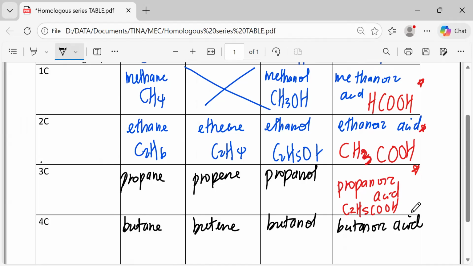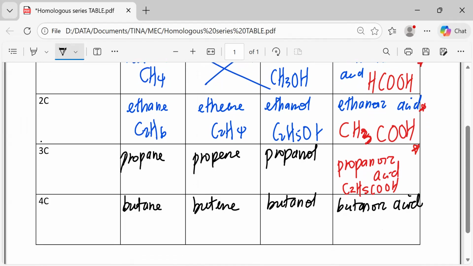You take some time to absorb the knowledge. CH3COOH, one, two, all together there are two carbons.